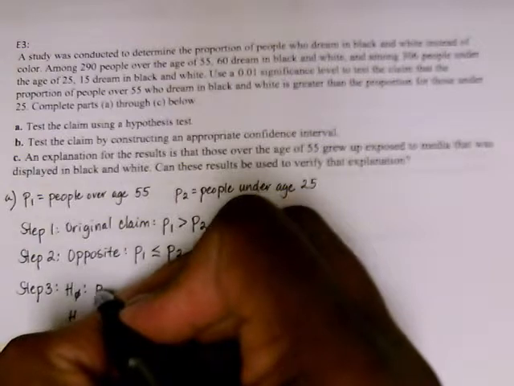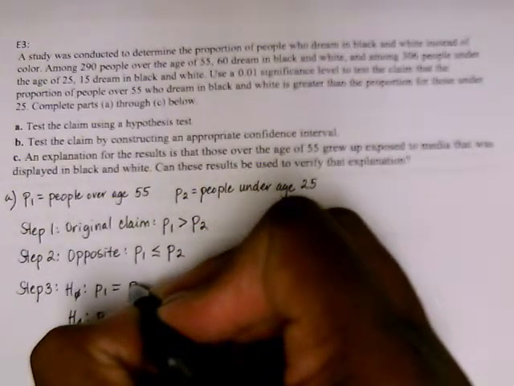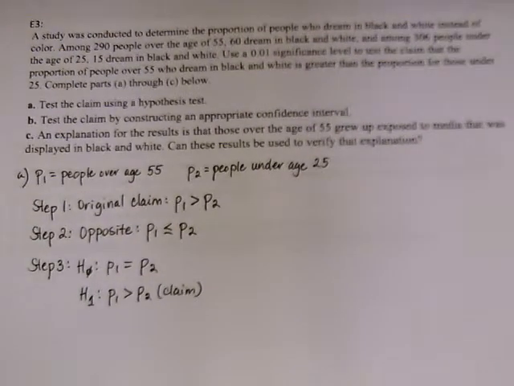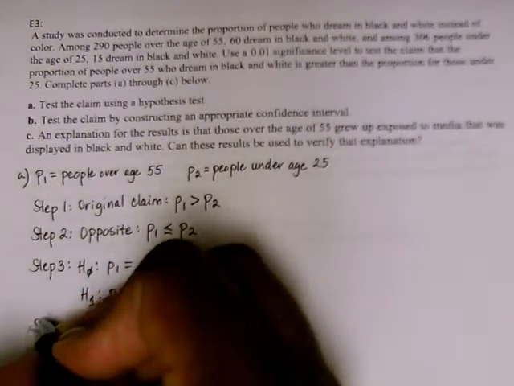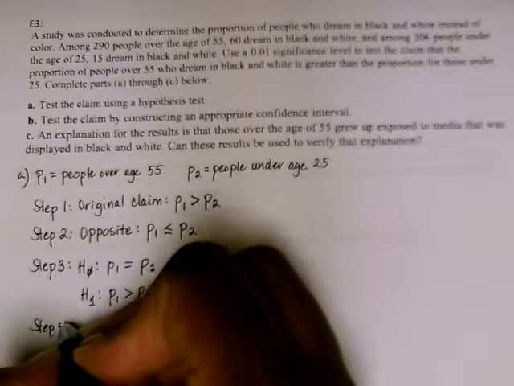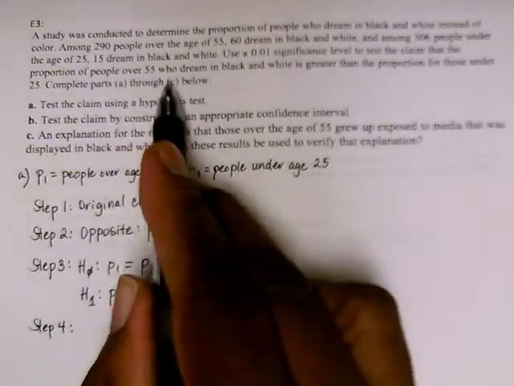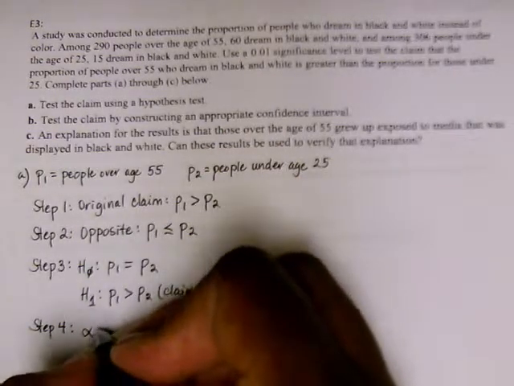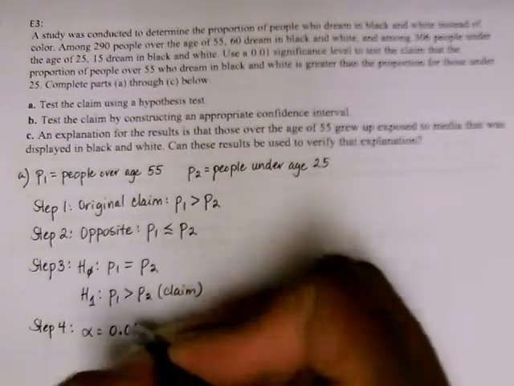The null always has the equal sign, so P1 equal to P2. Okay, and then step number 4 is your level of significance. In the problem, you're told to use a 0.01 significance level, so your alpha level is 0.01.